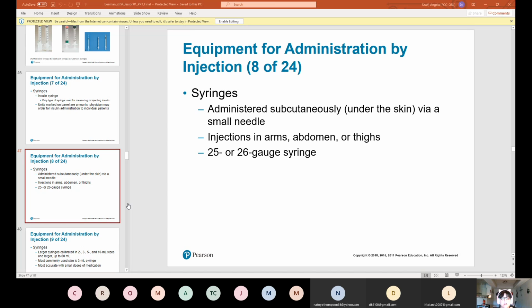It's very common that when you see an orange capped needle, you're thinking insulin. And I know in the field as a paramedic, that was the only thing that was this color, insulin syringes.